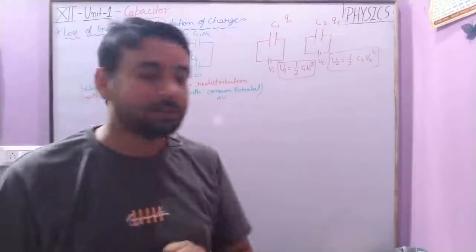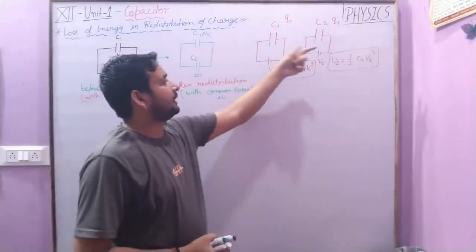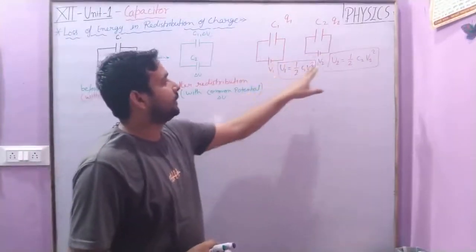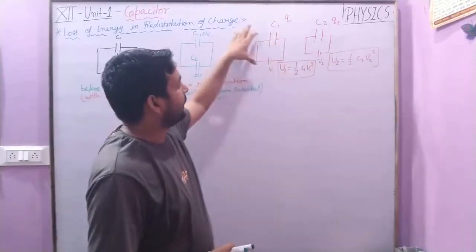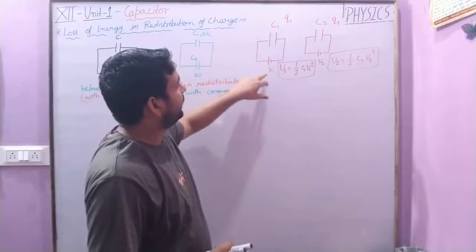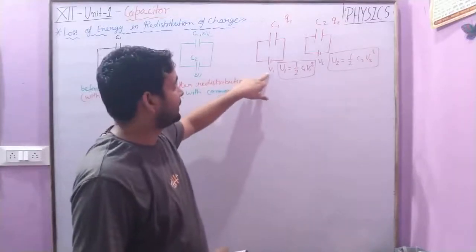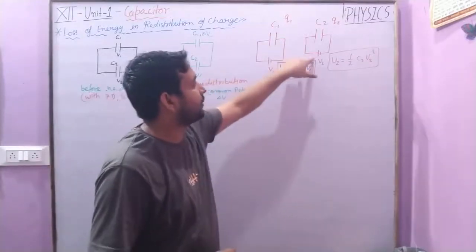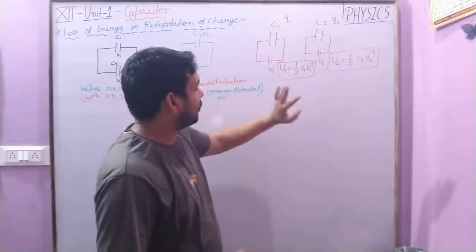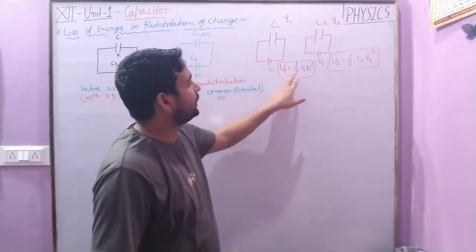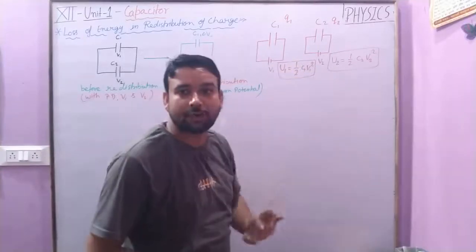As we discussed, if the two capacitors are initially charged with potentials V1 and V2, they attain charges Q1 and Q2. The energy stored across a capacitor is U equal to half C V square.